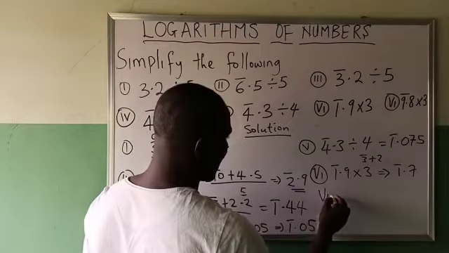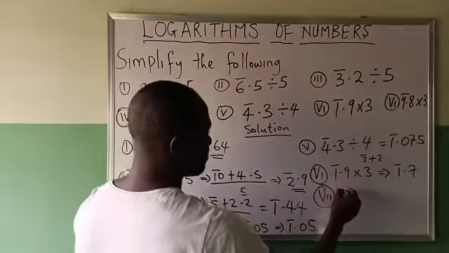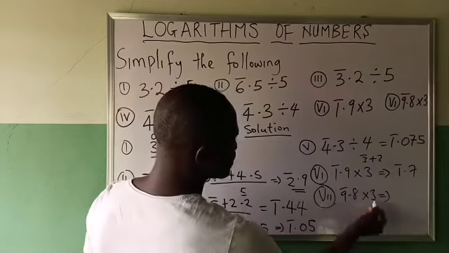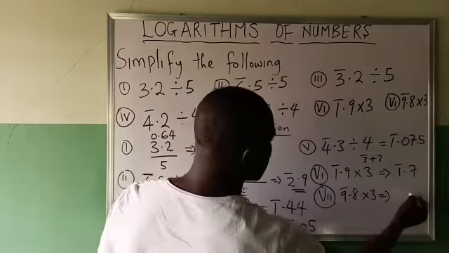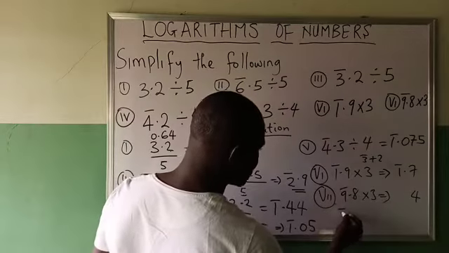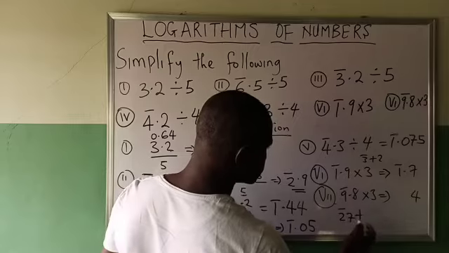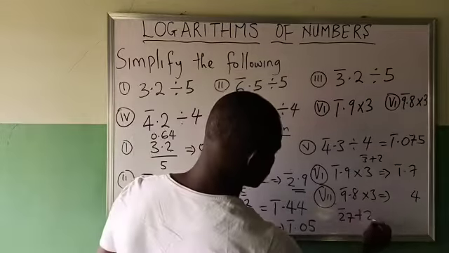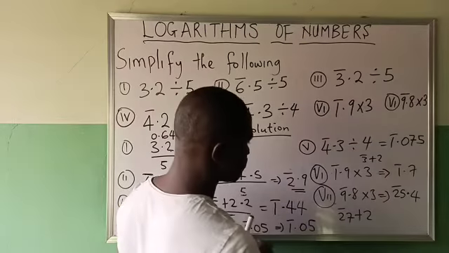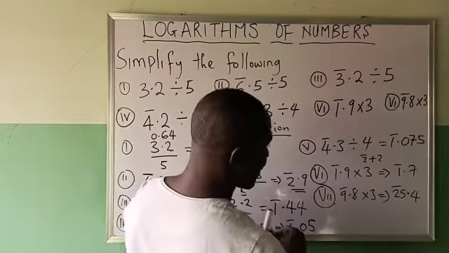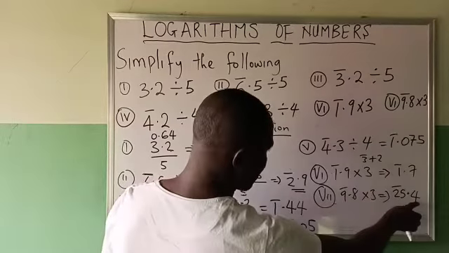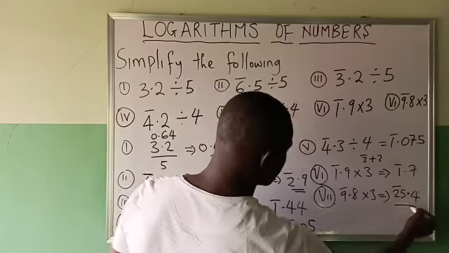Then for seventh, bar 9.8 times 3, that will be giving you 3 times 8, 24. Write 4, carry 2. 3 times bar 9 is bar 27, plus 2, that will be giving you bar 25.4. So that 2 you are adding is the 2 you carried from 8 times 3, 24. Write 4, carry 2.